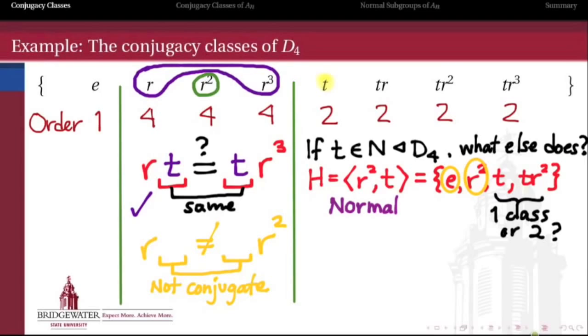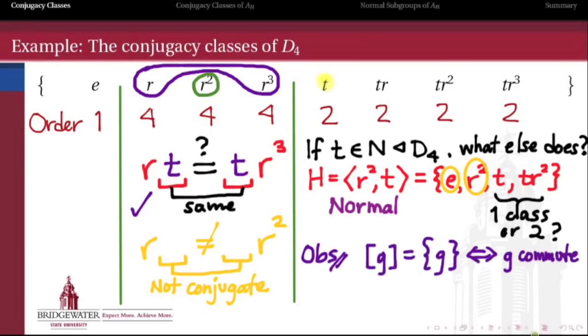And here's an observation that'll make that a little simpler to think about. Observe that if an element in the group is the only thing that belongs to its conjugacy class, so the elements that are lonely in their own conjugacy class, that only happens when the element g commutes with everything in the group. In other words, when the element belongs to the center of the group. Why is this?